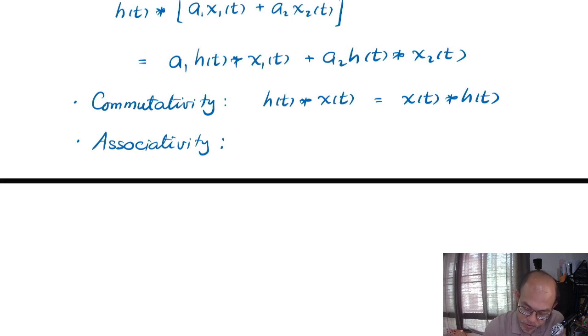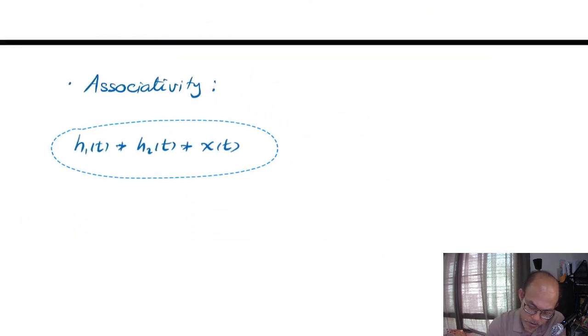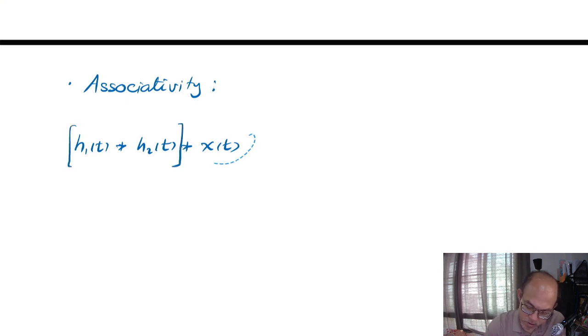So for example, if we have h1 of t convolved with h2 of t convolved with x of t, we could put parentheses around here, meaning that we will be doing convolution integral between h1 and h2 first, and then the result convolved with x of t.